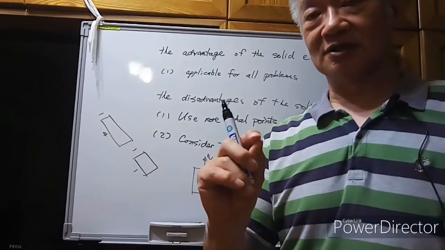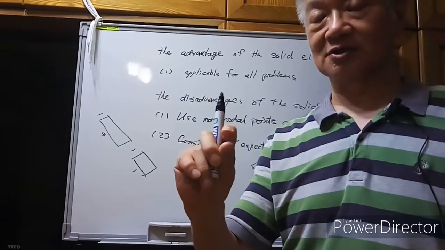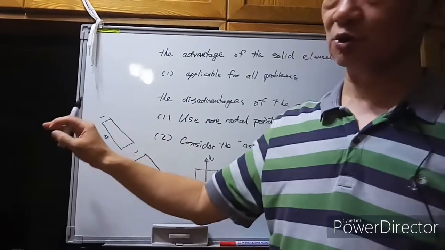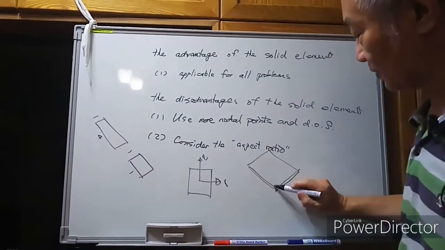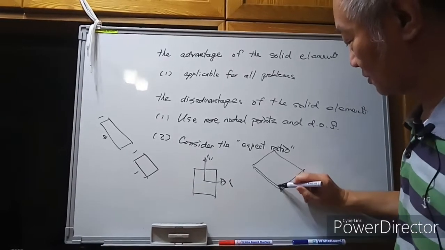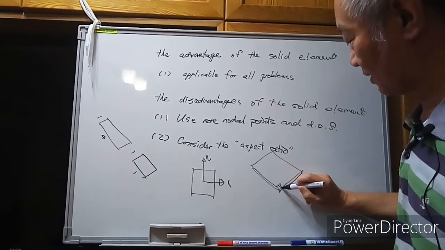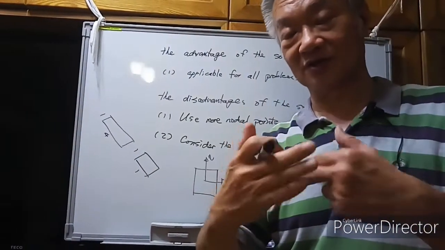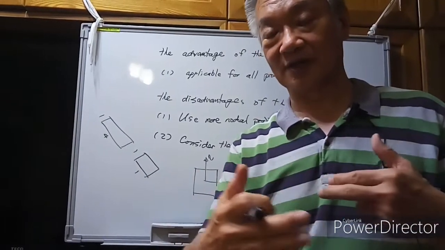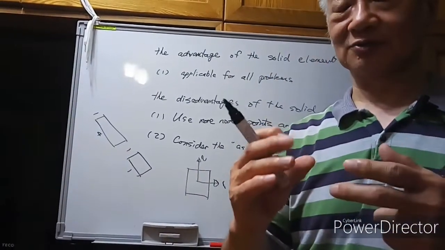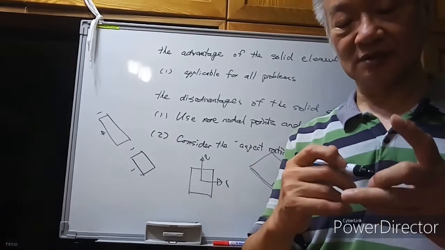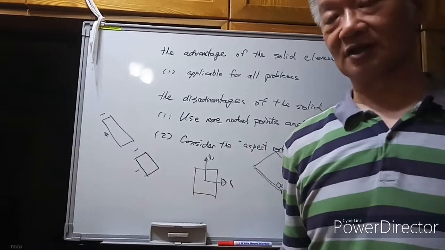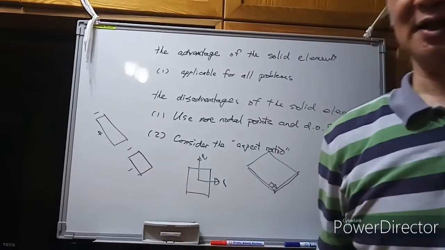If we consider the aspect ratio for the element, it means that on this plane you need to define a lot of elements, since you don't want an aspect ratio which is a lot different from the master element.